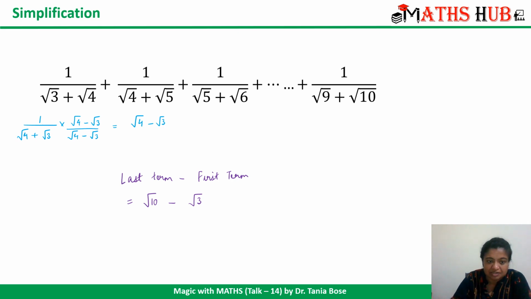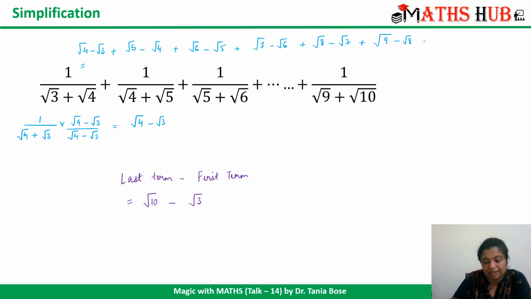That means this term is basically root 4 minus root 3, plus this term would be root 5 minus root 4. Then the next term would be root 6 minus root 5, then root 7 minus root 6, then root 8 minus root 7, then root 9 minus root 8, and then you will get root 10 minus root 9.